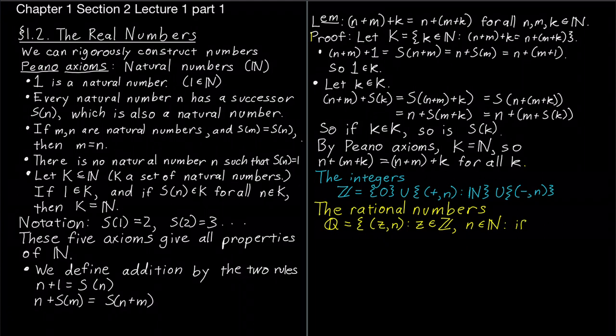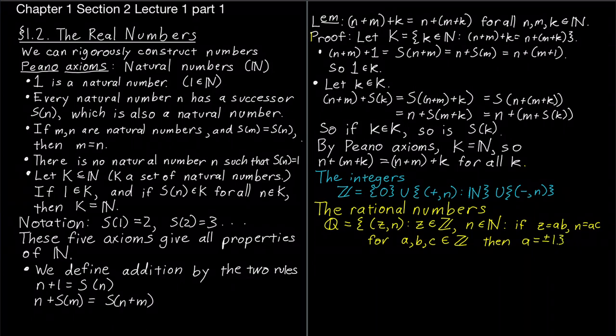That is, if z is AB and n is AC for A, B, C all integers, then A is plus or minus 1.